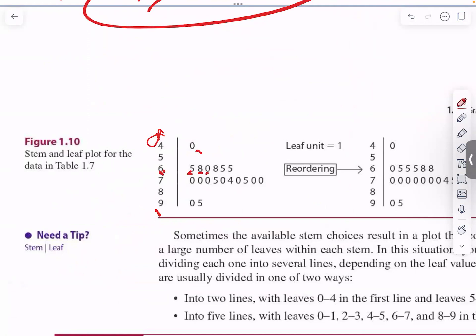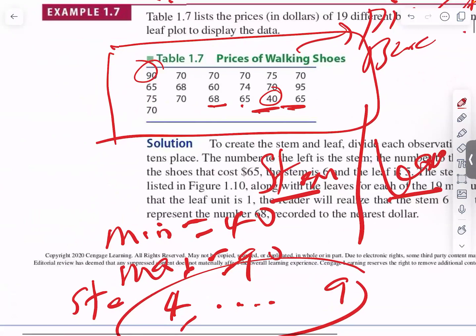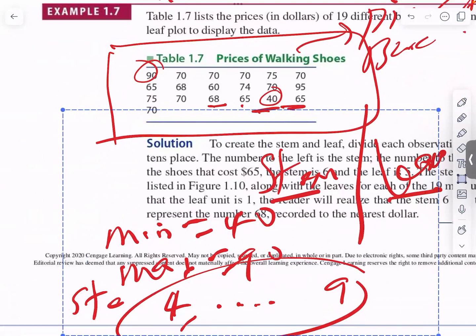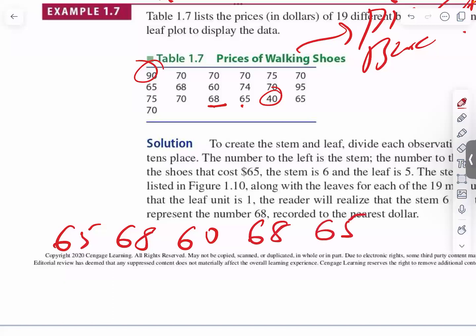Now you have them the way they appear. If you list all the 60-something here, we have 65, 68, 60. The next one is 68 again, 65 again, and 65. Now, if you pick, the first one is the stem. The first number is the what? Stem.